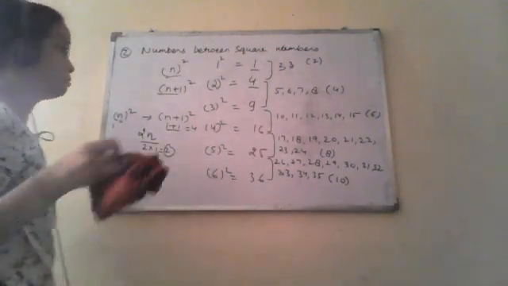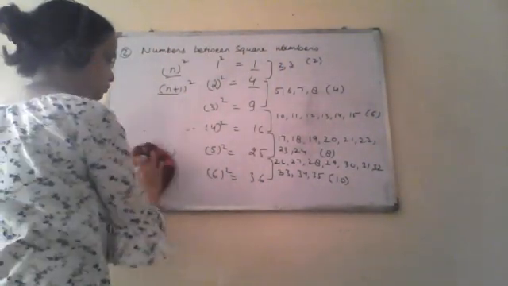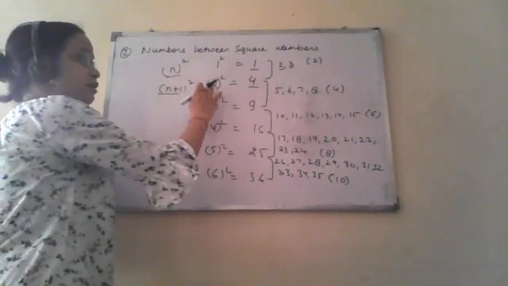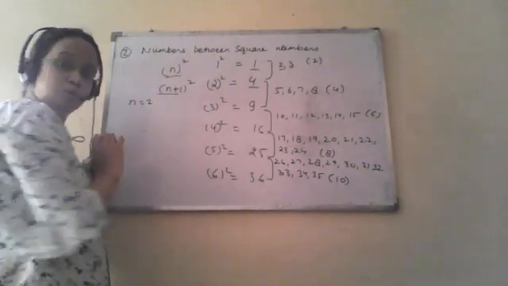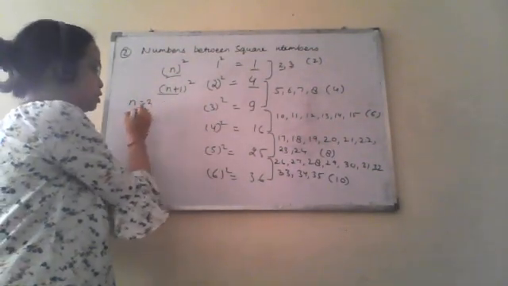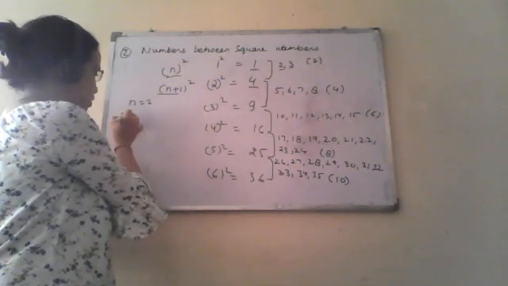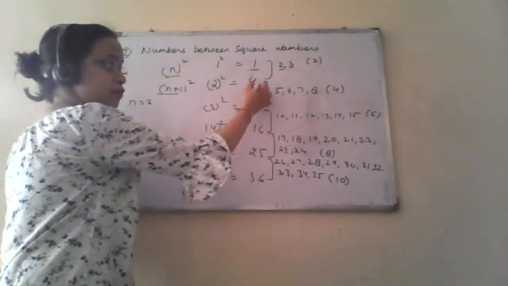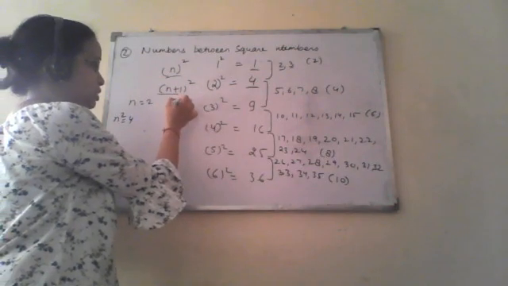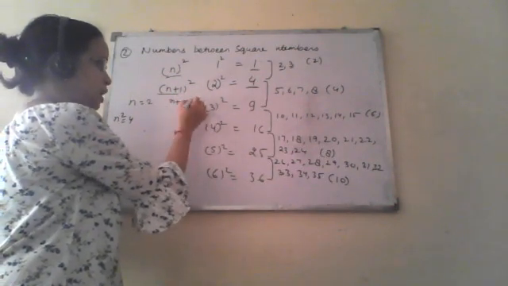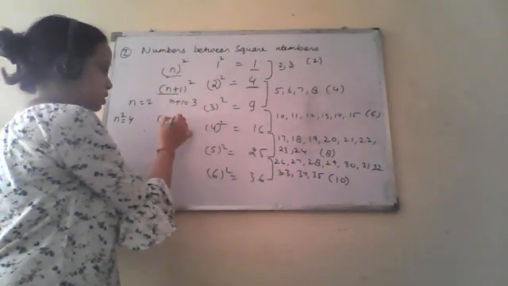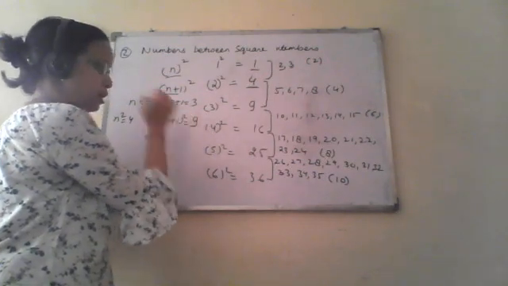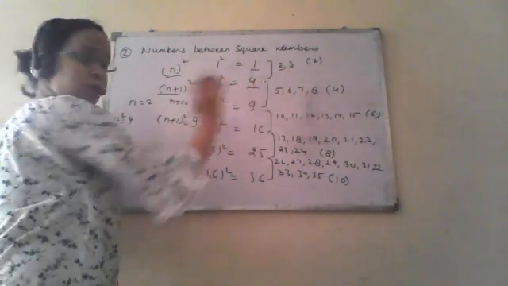Clear? Similarly, if n equals 2, n squared will be 4. n plus 1 will be 2 plus 1, that is 3, so (n plus 1) squared will be 9. These are consecutive perfect square numbers.